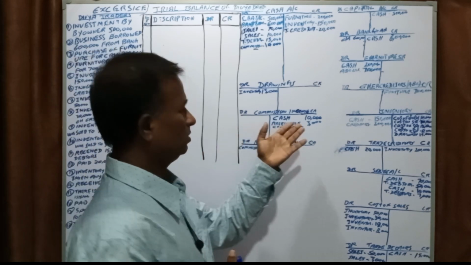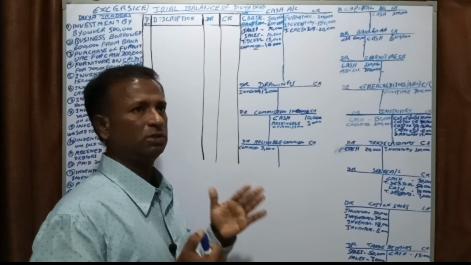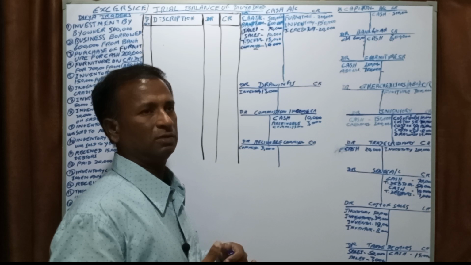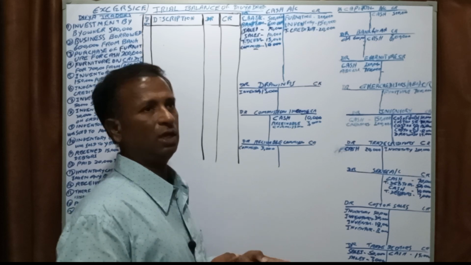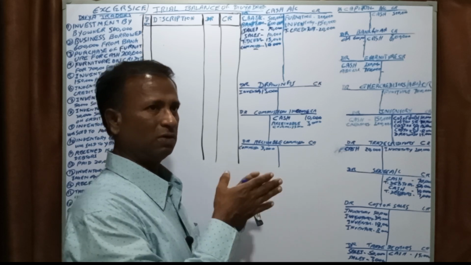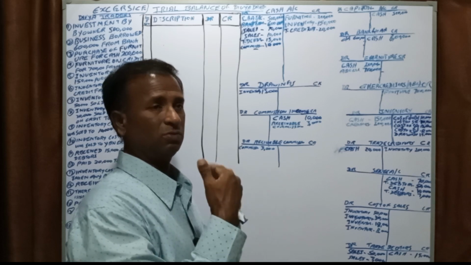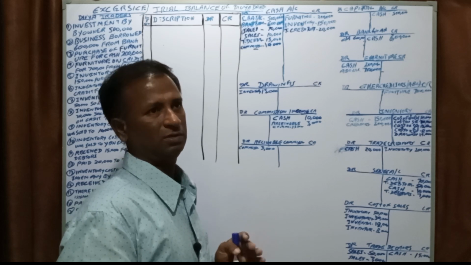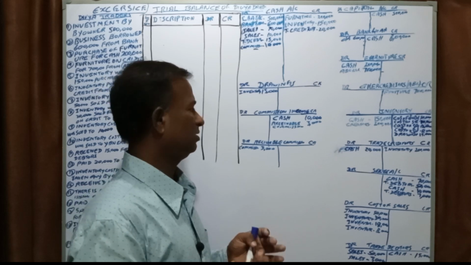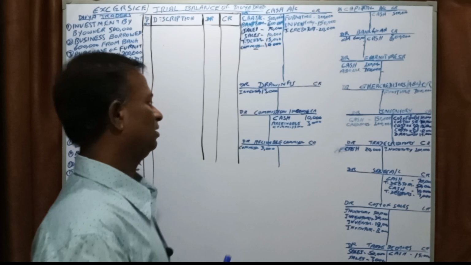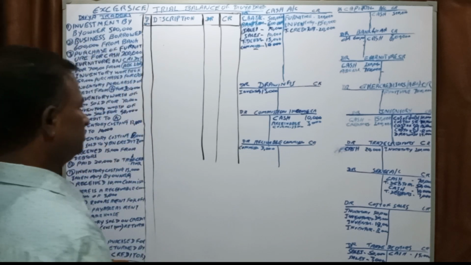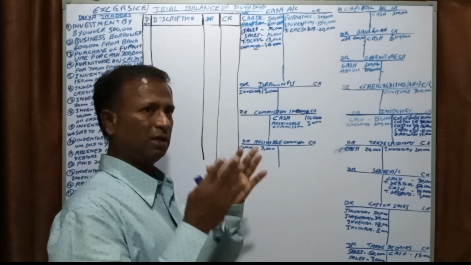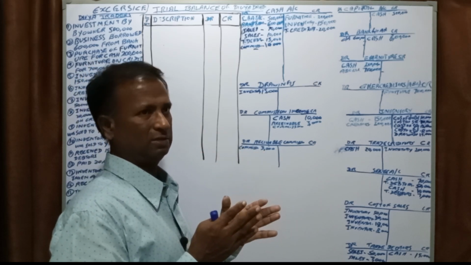Okay, because this revenue, this commission, is not yet received by us. So anyway, we have to show it in accounts. So the commission account has to be credited, and commission receivable is debited, because commission receivable is a current asset.